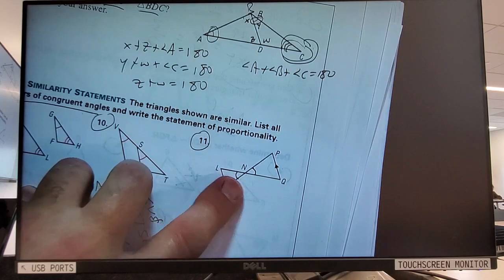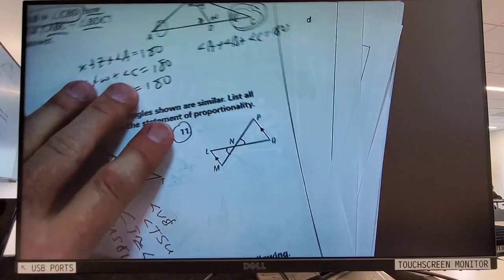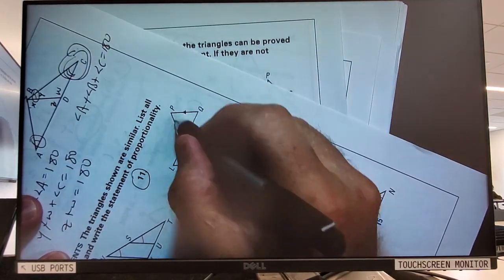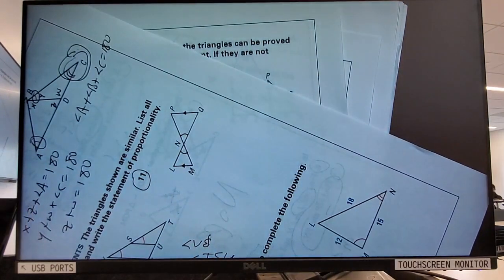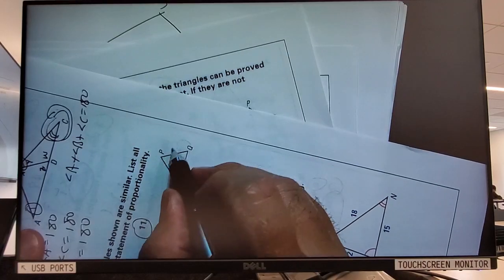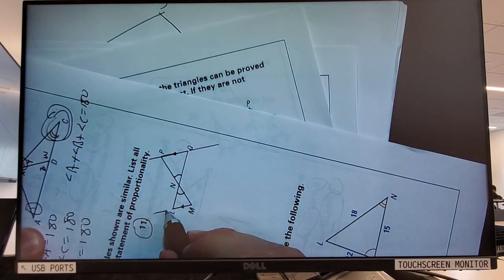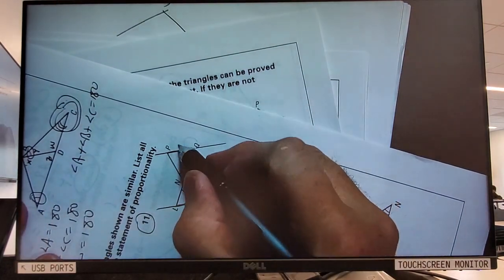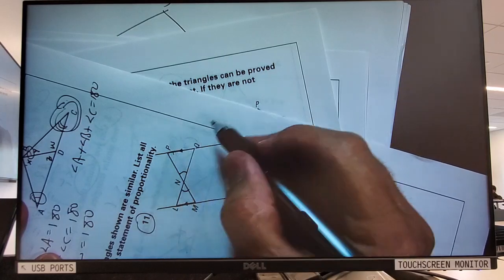If these two are parallel to each other, then this is a transversal, yeah? Remember this? Just to help myself out, if I extend this, what's the same as this angle here?